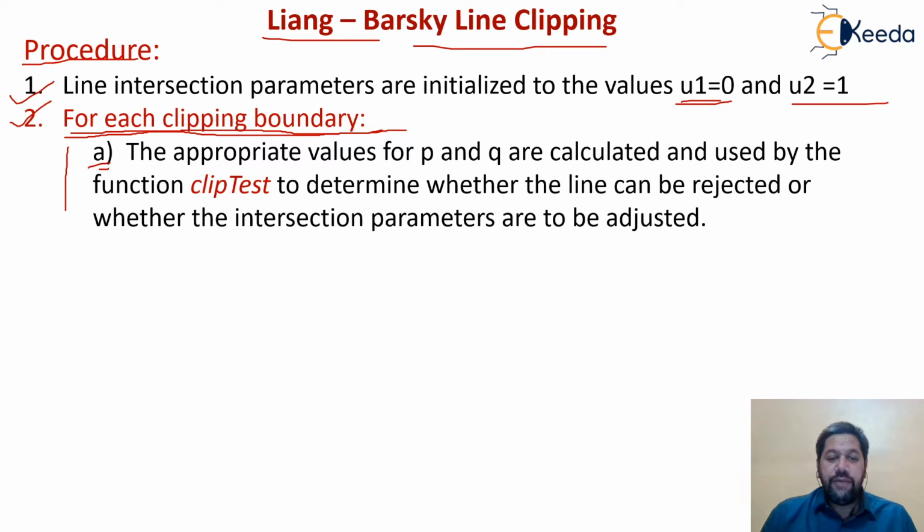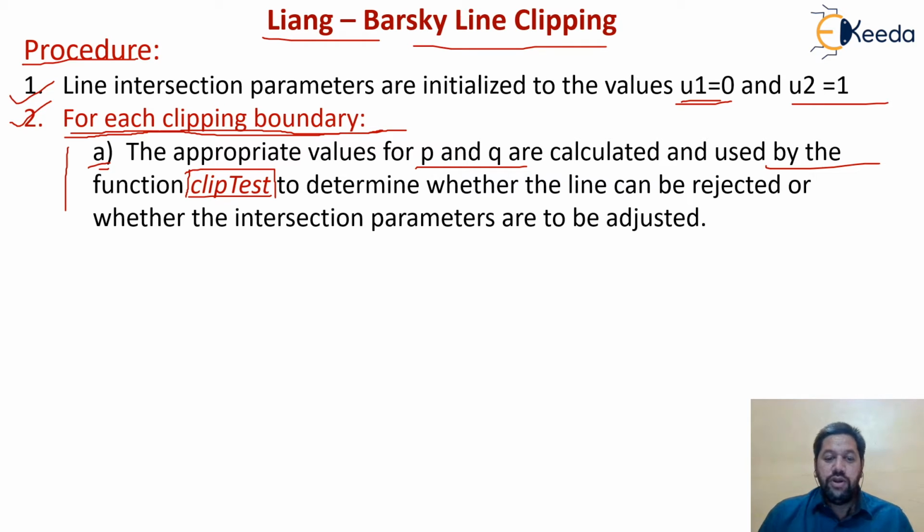The appropriate values of P and Q are calculated and used by the function clip test. So I am using one function called the clip test. This clip test is similar to the visibility test we have seen in the Cohen-Sutherland line clipping algorithm.